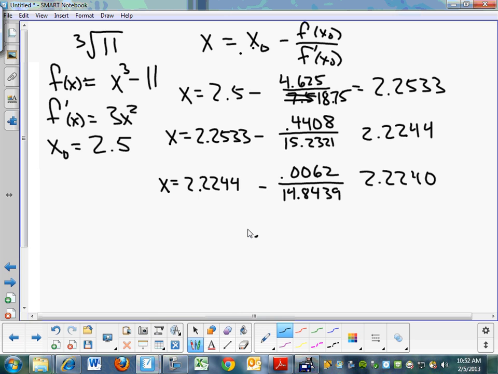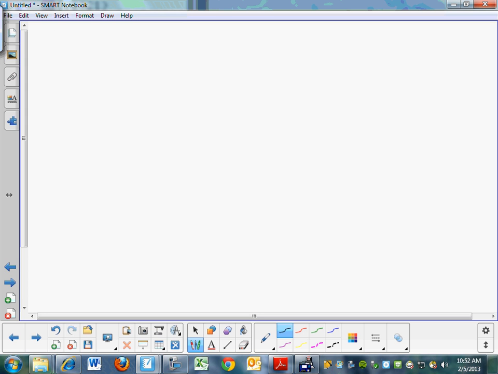So here's what I want you to do, okay? Why don't you try, for homework, these 3 problems. On a separate sheet of paper, try these 3. Use Newton's method.